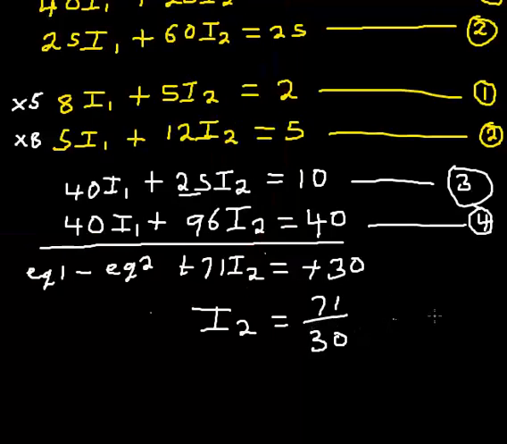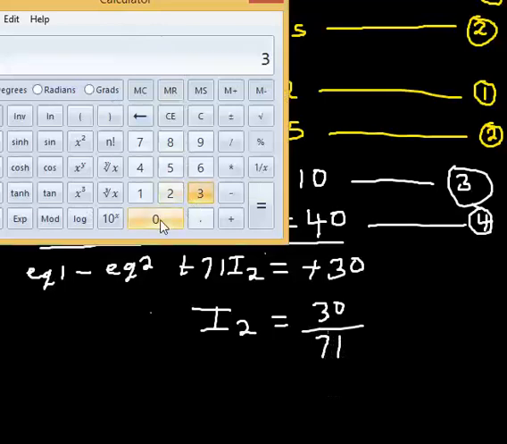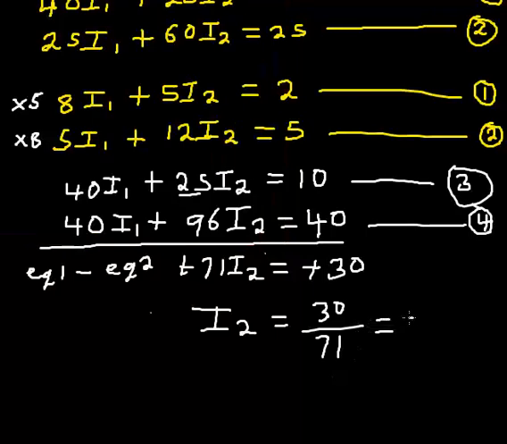Please pardon me, what a mistake. It's 30 divided by 71. So that is going to be 0.42 approximately. And that's exactly what I'm looking for.